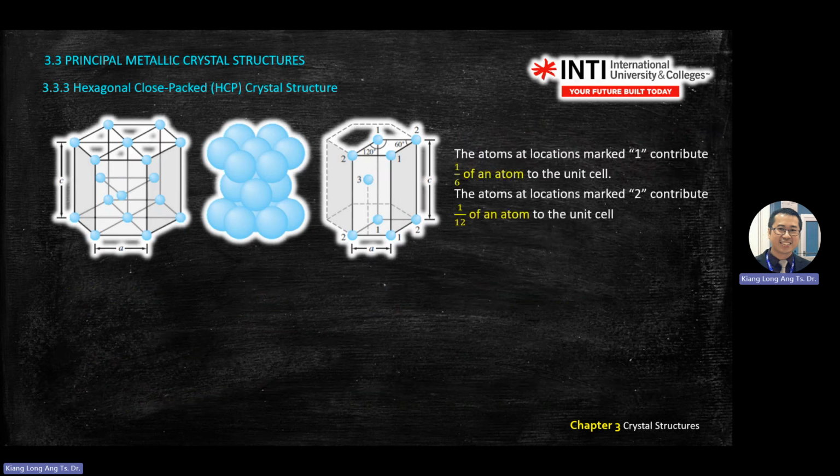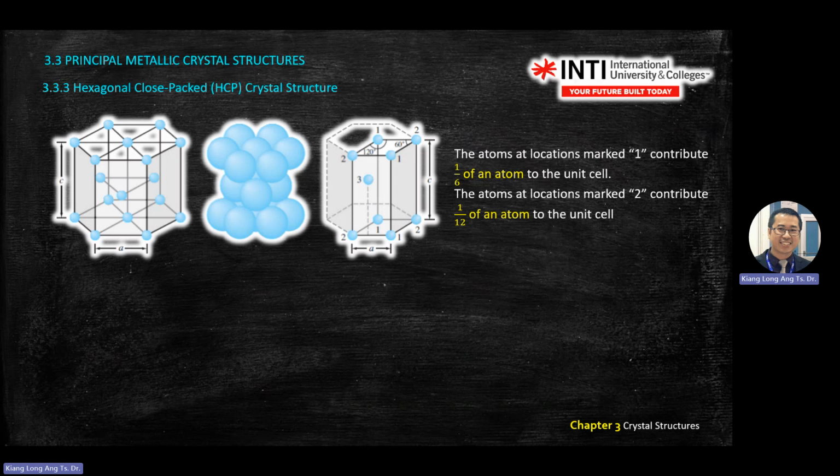Okay, the next is, now this is how you calculate the packing number. So atom at location mark 1 contributes 1/6 atom in the unit cell. So mark at 1, this one. You imagine this one is a hexagon. This is a hexagon shape.